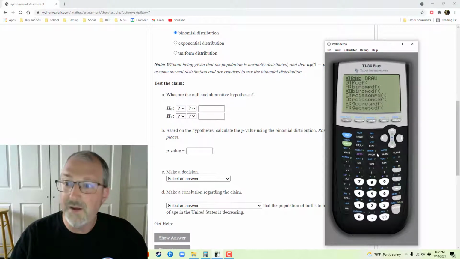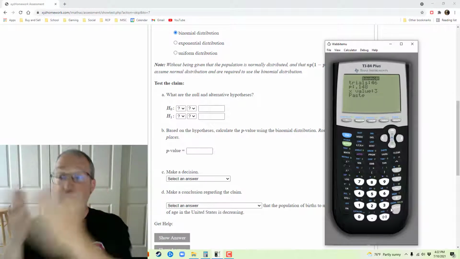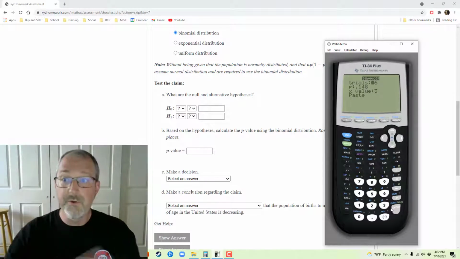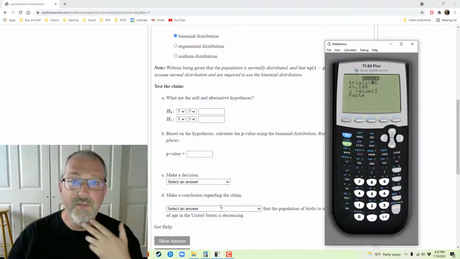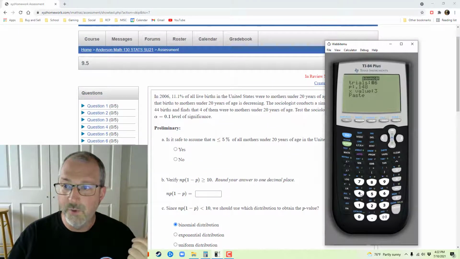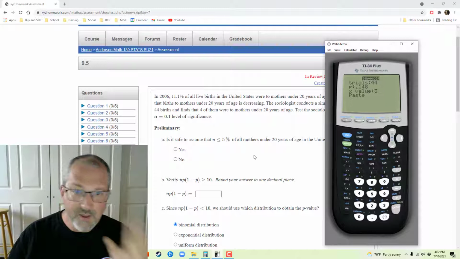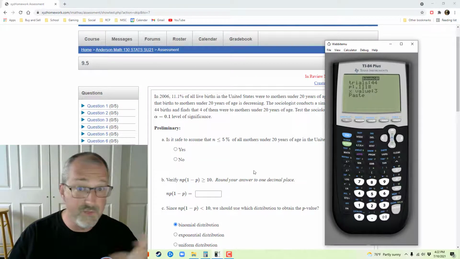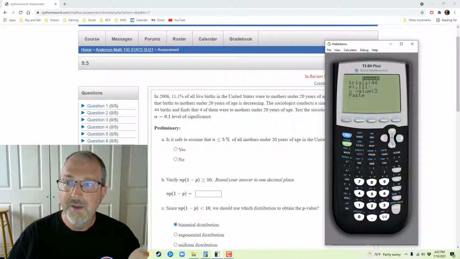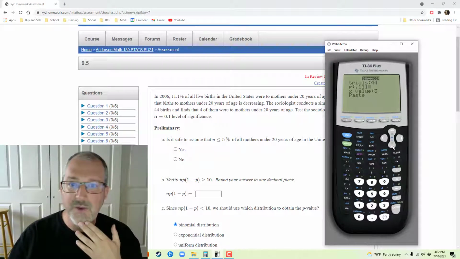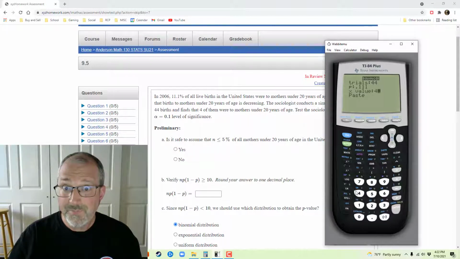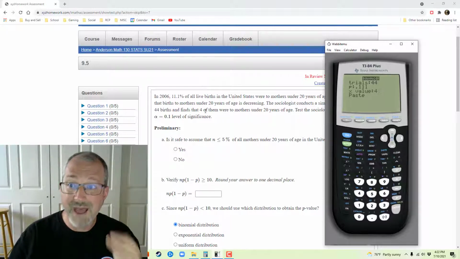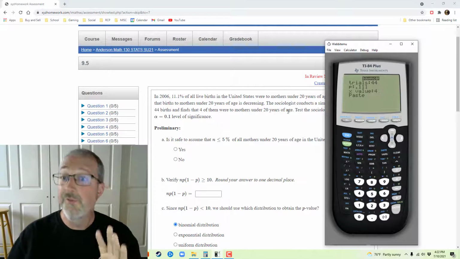The binomial CDF in this calculator asks you to input these things. In this case, our number of trials was 44. Our percent value that we're testing against is 0.111, which is 11.1%. And the x value in this case was 4, because that is what we assume from our problem.